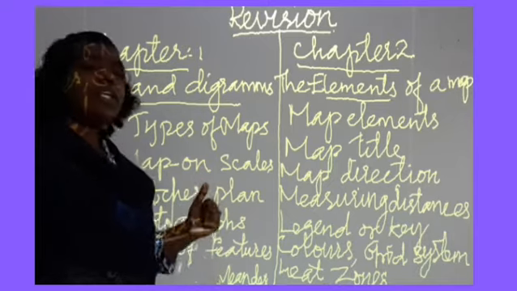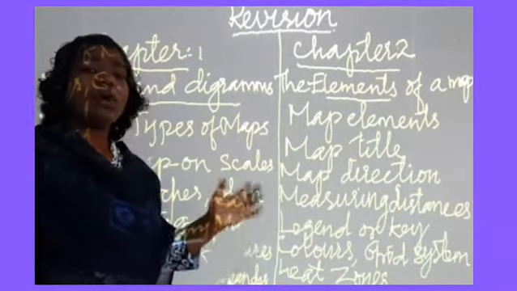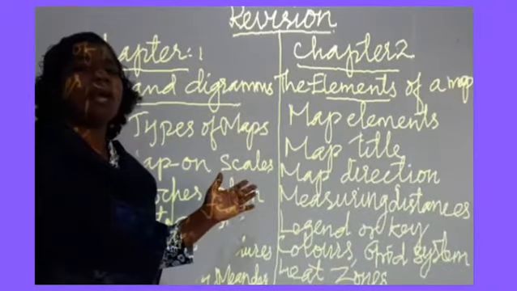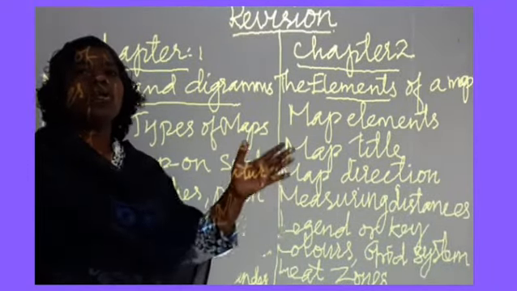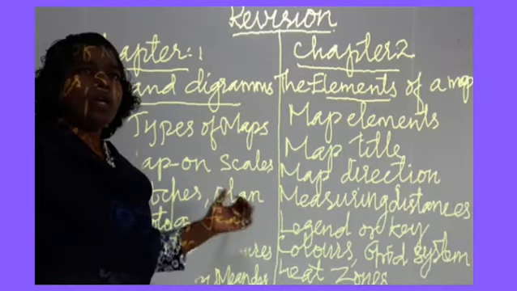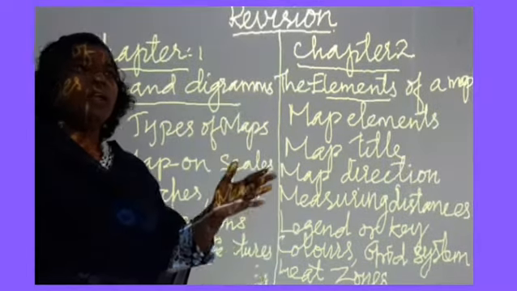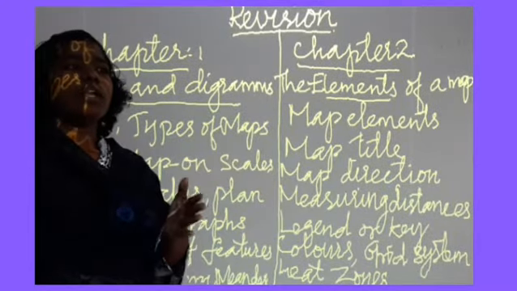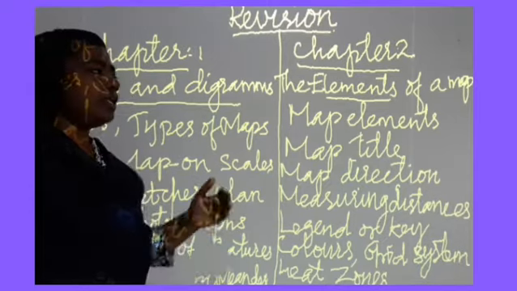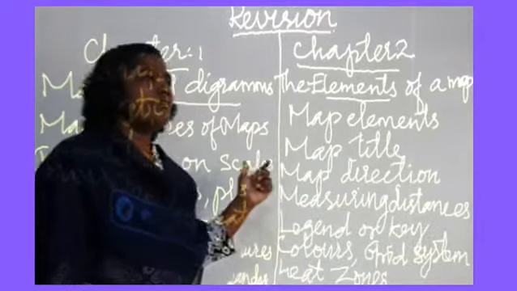And what is a small scale map? The small scale map helps us to see a large area, a big land on the map. On the map 1 centimeter can be taken as 200 kilometers on the ground in a small scale map. So these are 2 different types of scales.